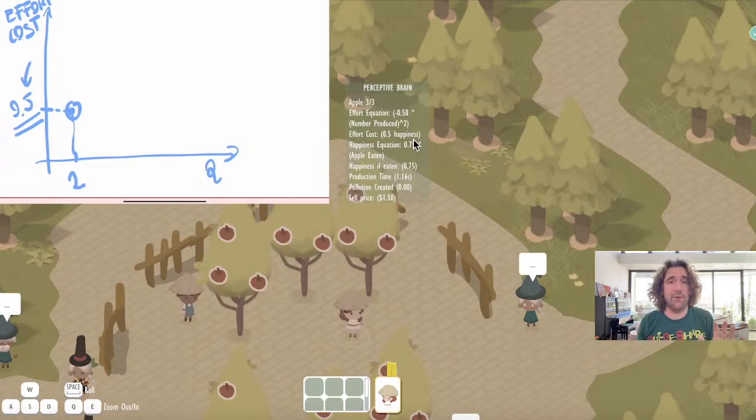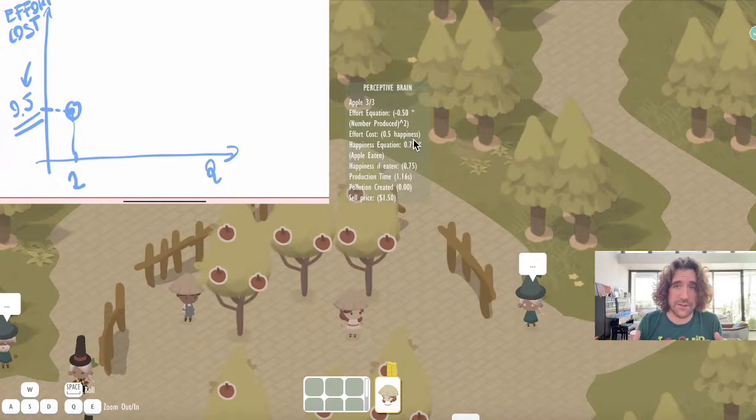Now in this level, luckily, there are no other uses of your agent's time. Your agent can only do one thing, which is collecting apples. So the opportunity cost of picking up that apple is not really any other activity that you need to forego because you are collecting apples.